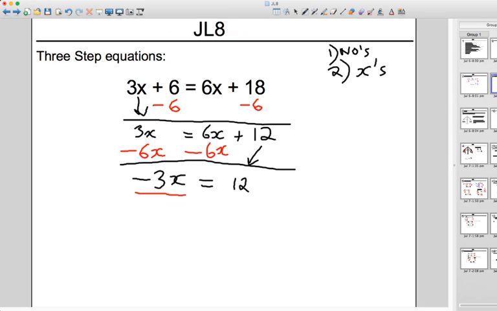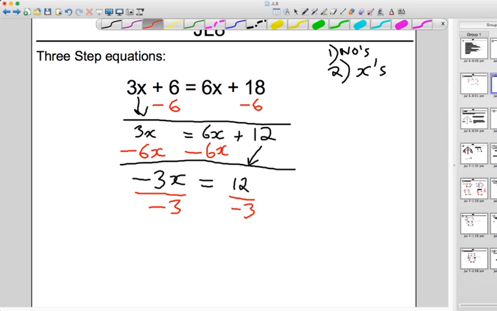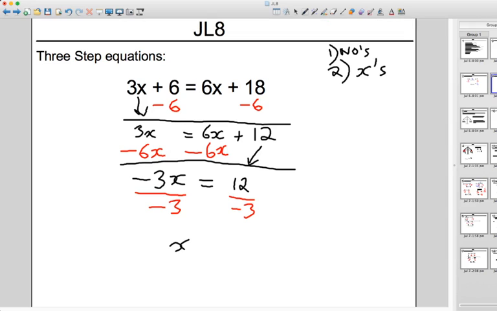To do that, I'm dividing by negative 3. Negative 3's cancel. 12 divided by negative 3. Well, 12 divided by 3 would be 4. And remember, we've got a positive divided by a negative, which will make a negative.